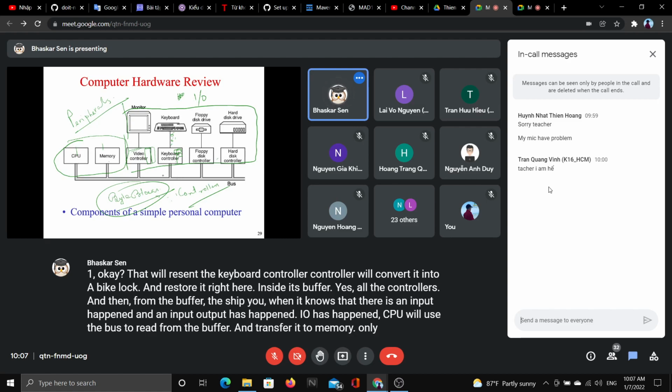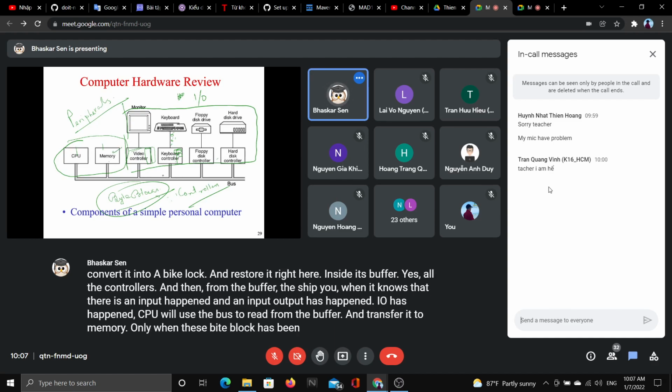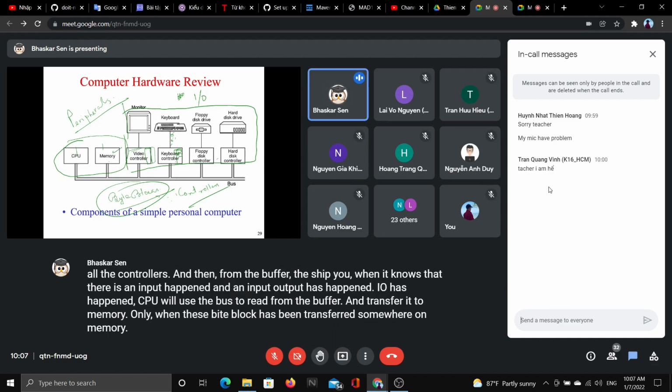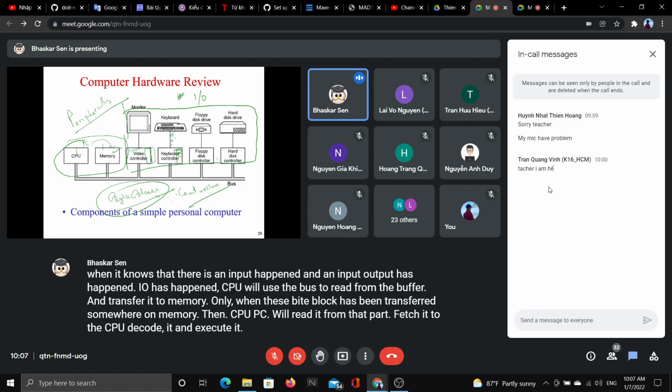Only when this byte block has been transferred somewhere in memory will the CPU's PC read it from that part, fetch it to the CPU, decode it, and execute it. Fetch, decode, execute cycle. That's the way it works.